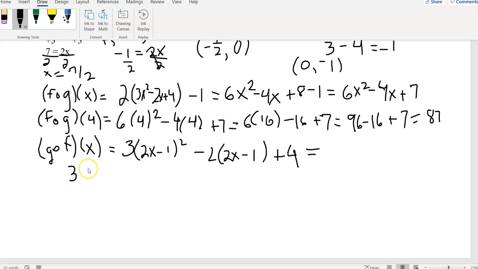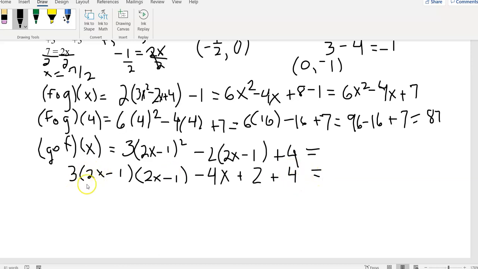Let's write out that (2x minus 1) squared really means 2x minus 1 times itself, 2x minus 1. Now I'll go ahead and distribute this negative 2, so we'll have negative 4x and positive 2. And then I still have my 4.